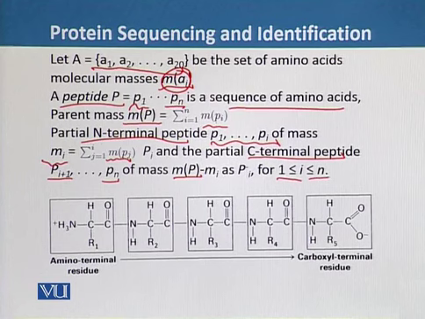We know that the mass spectra obtained by tandem mass spectrometry consist predominantly of partial N-terminal peptides and C-terminal peptides.